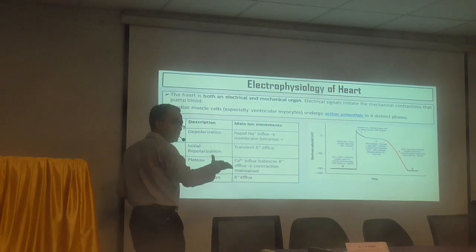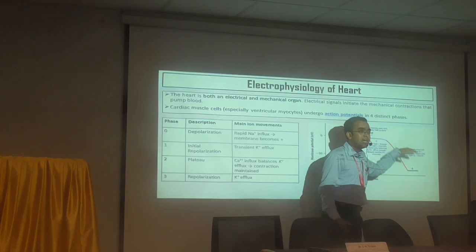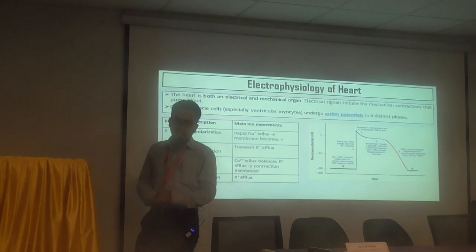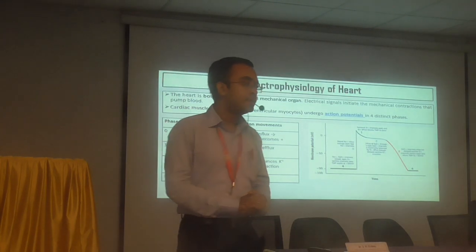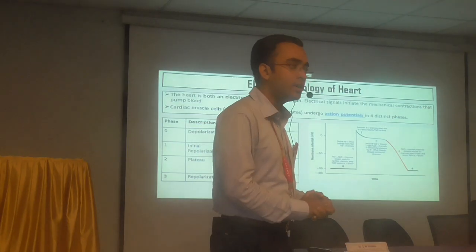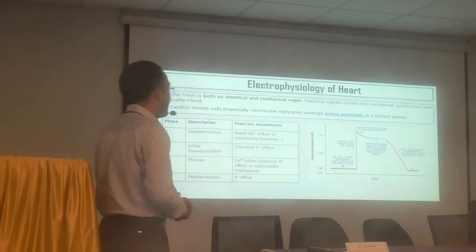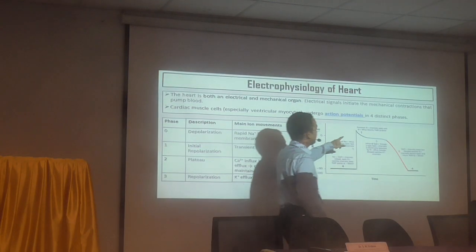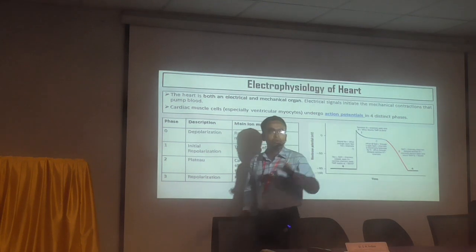That is known as the plateau phase. And after a few milliseconds, the calcium channel closes and the potassium channel opens. The potassium efflux takes place. That's why repolarization takes place. Okay, repolarization. Have you understood?